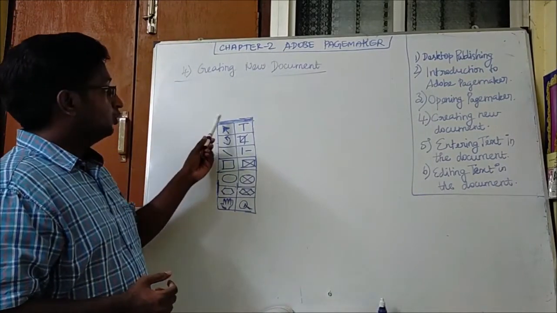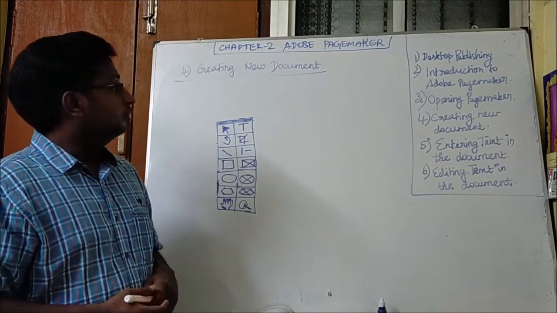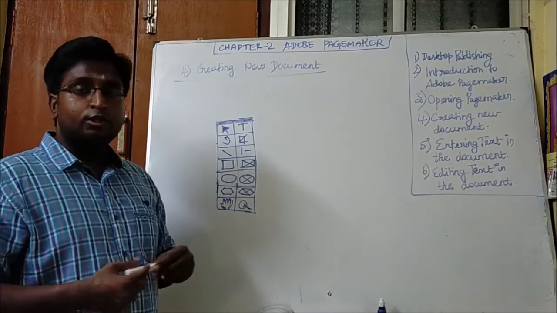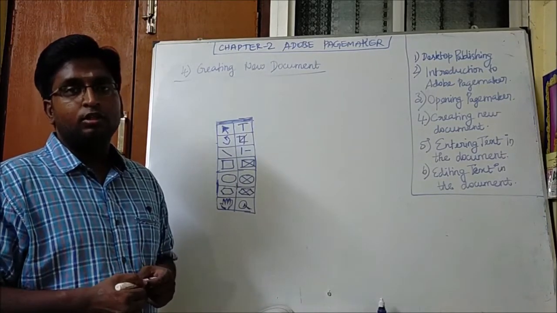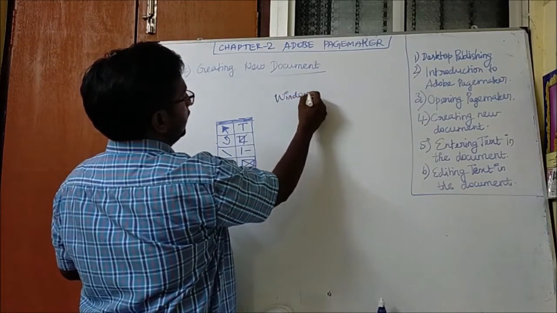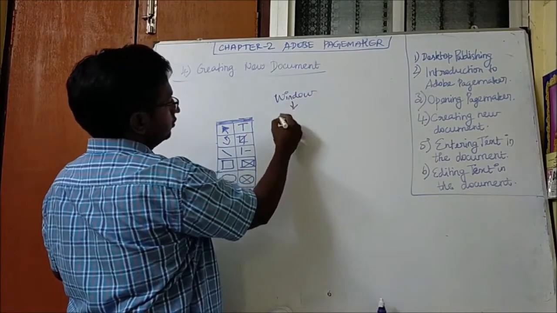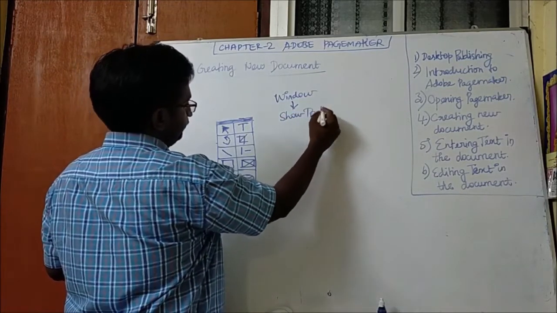So this is the toolbox which we are going to see now. While opening a new document, in case you are not able to see the toolbox by default, you can open it from the menu Window, Show Tools.